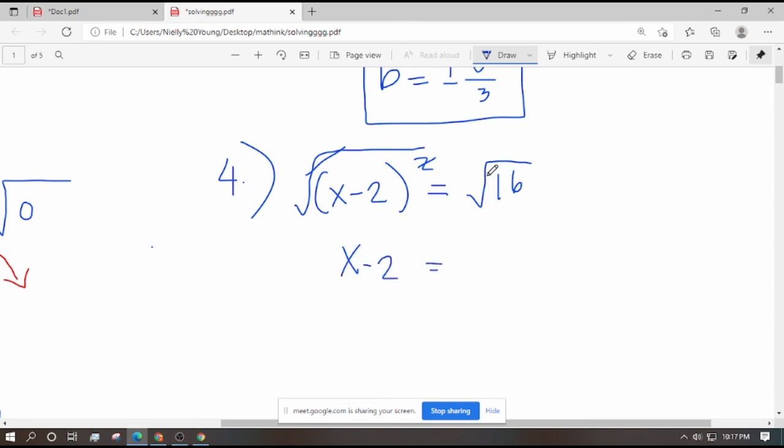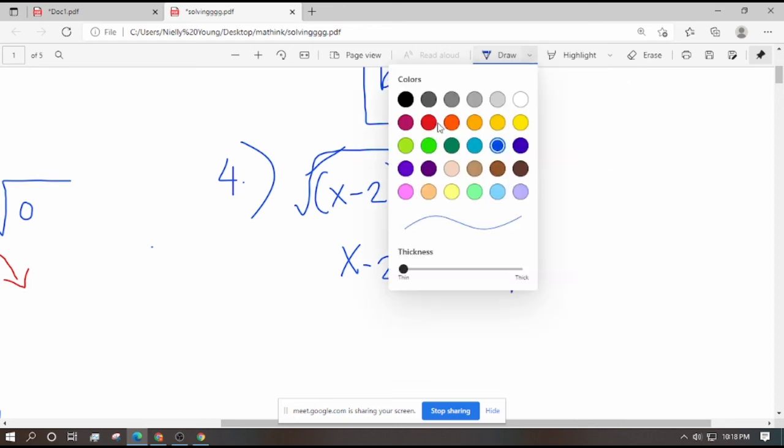Okay. This is a constant, so you will use positive, negative. And the square root of 16, the factors of 16 that are the same number, is 4 times 4. Okay, the same number, 4 times 4 is equal to 16. So, make it just one number, 4, and the square is gone. Okay? So, since the negative 2 has no x, we transpose it to the right side.